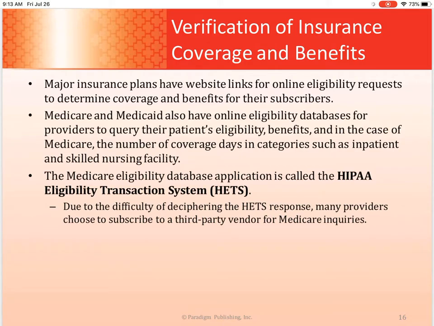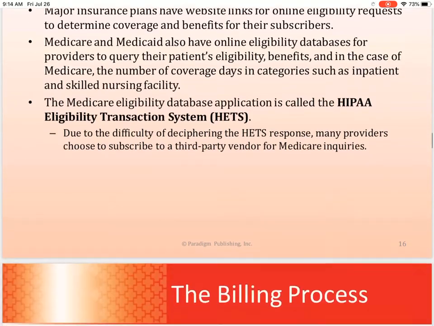Medicare and Medicaid also have online eligibility databases for providers to query their patients' eligibility, benefits, and in the case of Medicare, the number of coverage days in categories such as inpatient and skilled nursing facility. The Medicare Eligibility Database application is called the HIPAA Eligibility Transaction System, or HETS. This application provides access to Medicare beneficiary eligibility data in a real-time environment. And you can see what a HETS response looks like in figure 9.2.